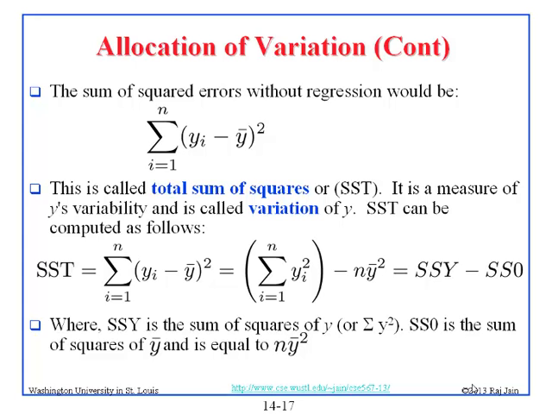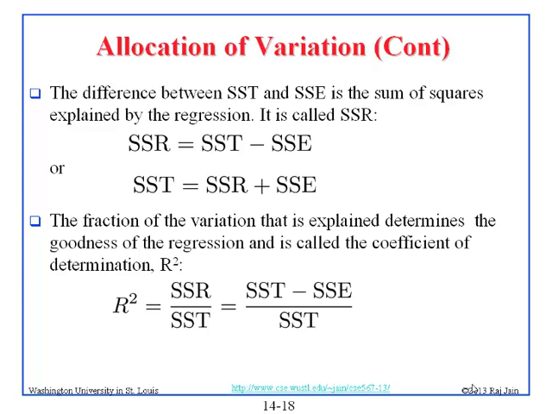You started from here without x, but with x you have the sum of squared errors, SSE. The difference between these two is SSR, so SST can be written as SSR plus SSE. If you divide the whole thing by SST, you get SSR upon SST equal to SST minus SSE upon SST.